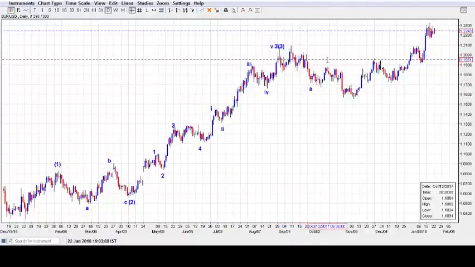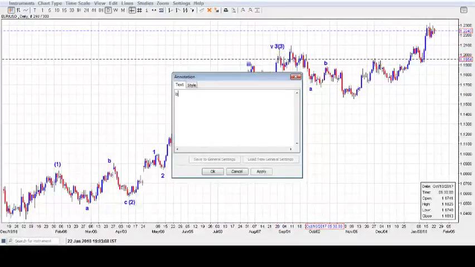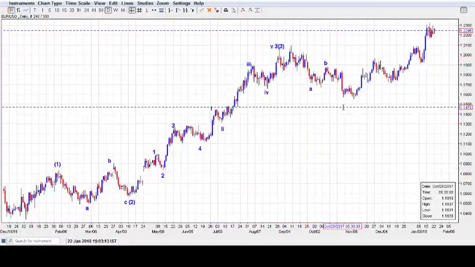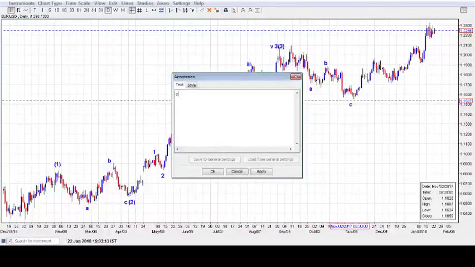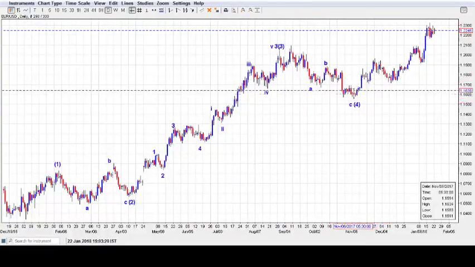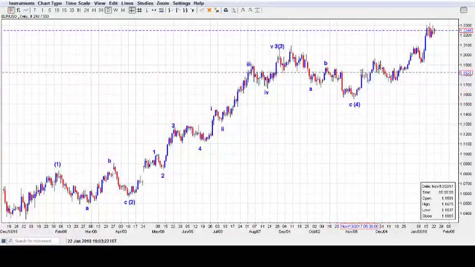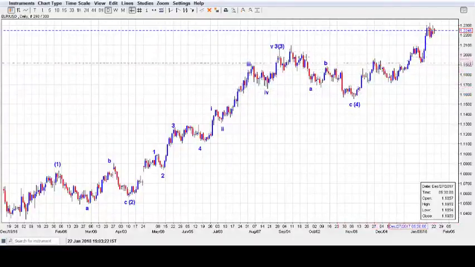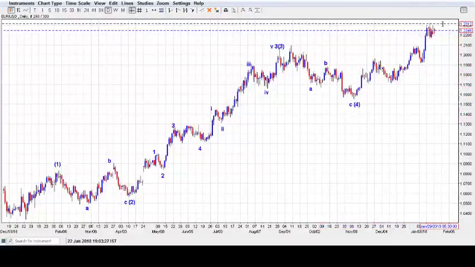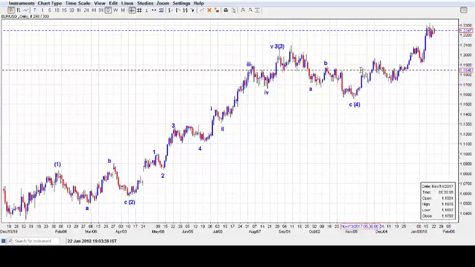We're plotting it as A, B, and C. That was wave 4 of a higher degree. And finally, the fifth wave is being worked out as it looks to be like an ending diagonal, and it is very obvious for the fifth wave to close in as an ending diagonal structure.